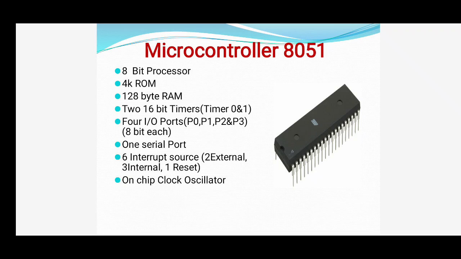Normally reset is not listed under the category of interrupts, but if we observe the function of reset, whenever we reset the microcontroller it switches to its initial condition, that is, the microcontroller is interrupted by the reset signal, and so it is listed as an interrupt source here.